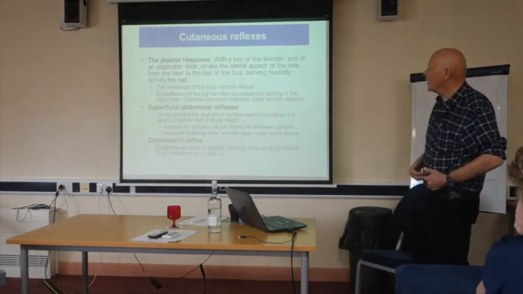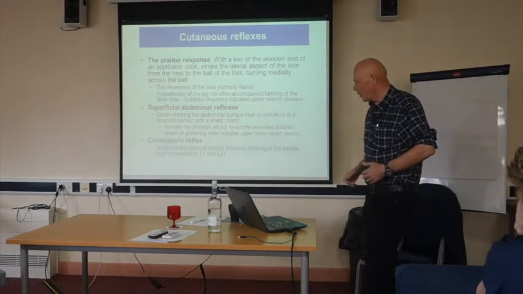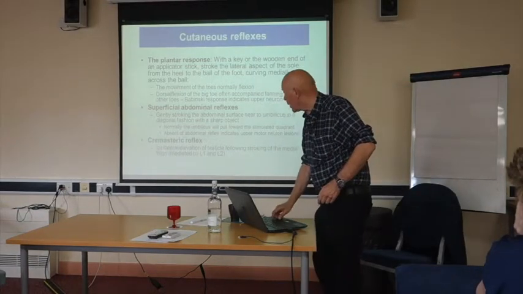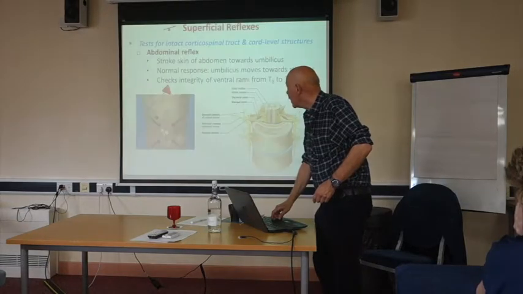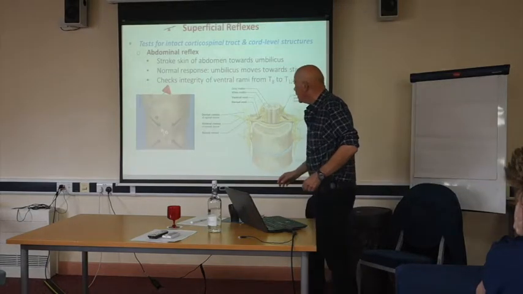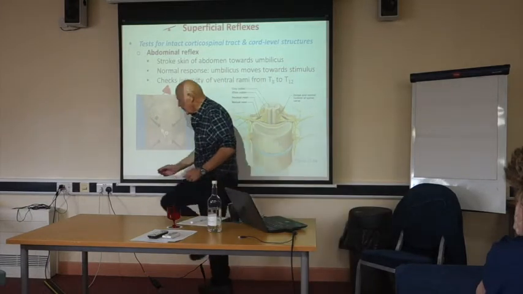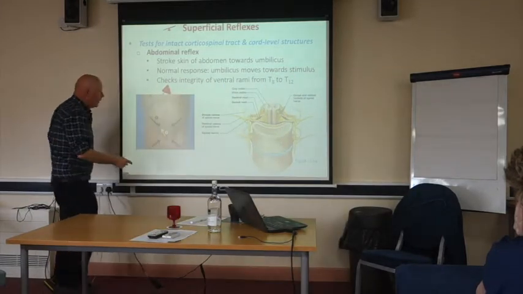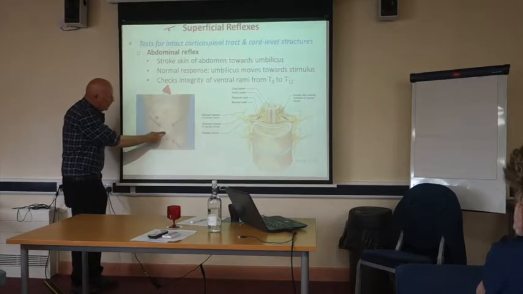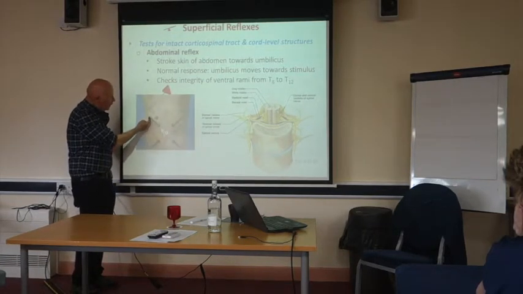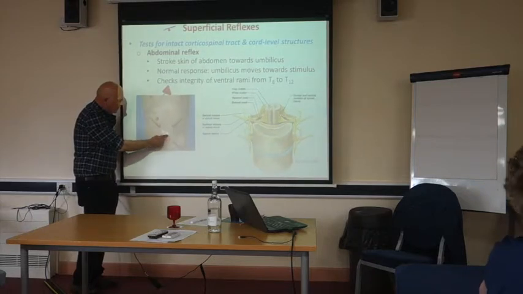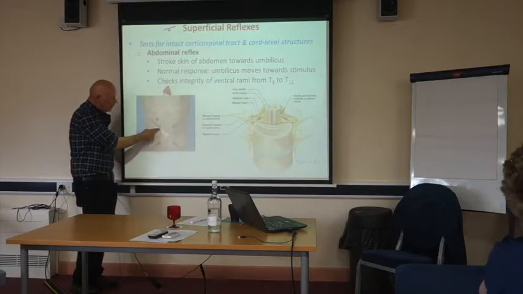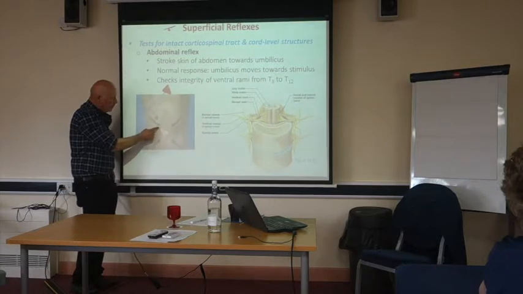If that big toe moves upwards, then that's indicating that there might be an upper motor neuron lesion going on. The umbilical one, I don't know, I've got a picture of that. Oh, that's the plantar one. Yeah, that's the umbilicus one. So, this one's suggesting that if you draw the stimulus towards the umbilicus, it moves to meet the stimulus.